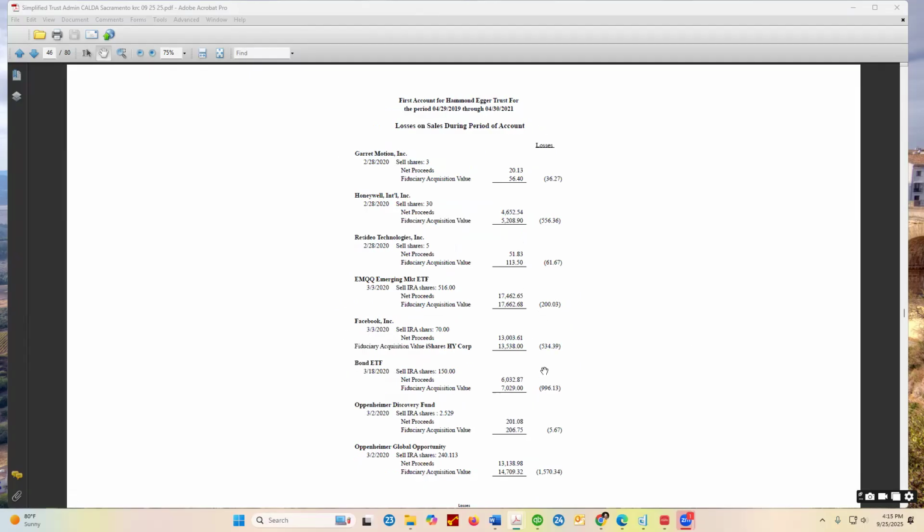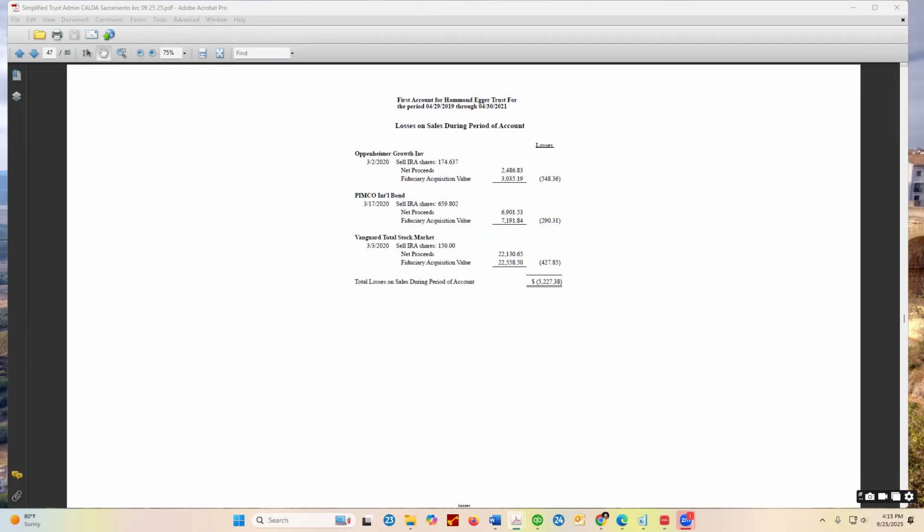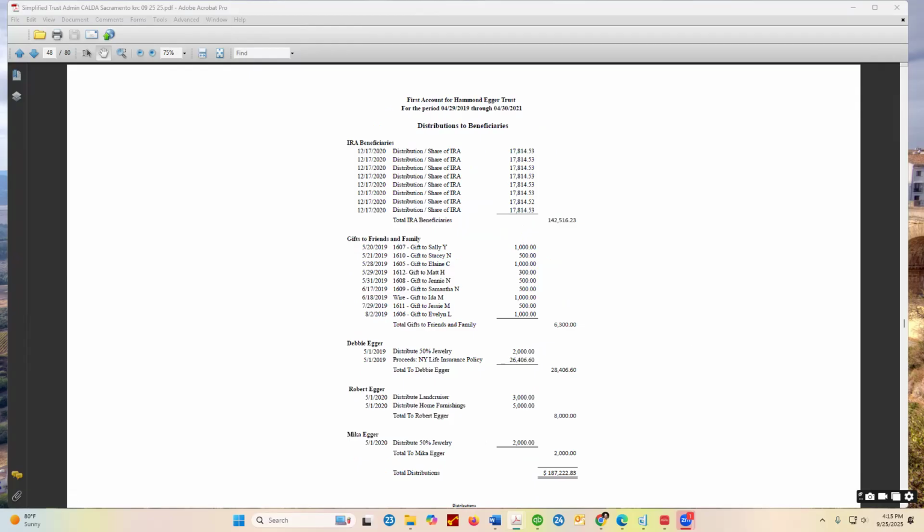This is a schedule of loss on sales of assets. And then you have a schedule for distributions to beneficiaries.